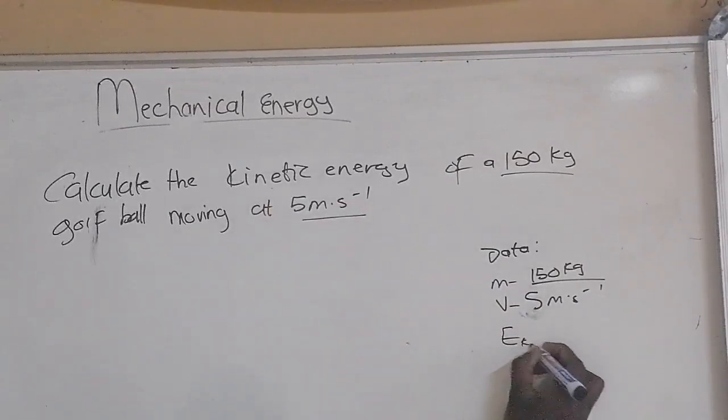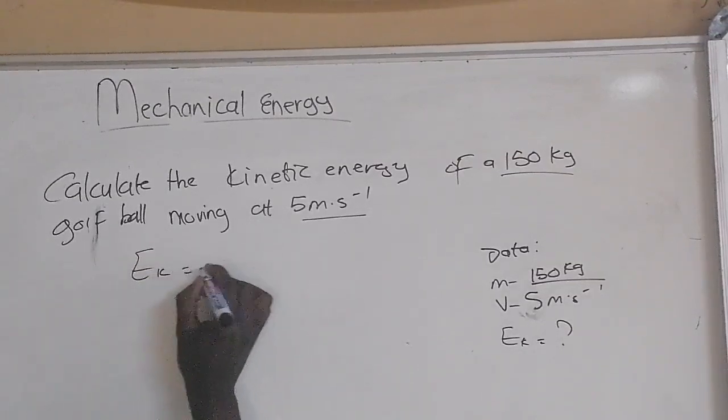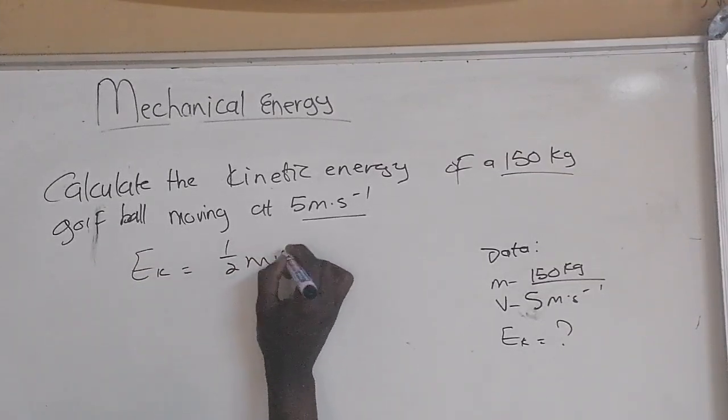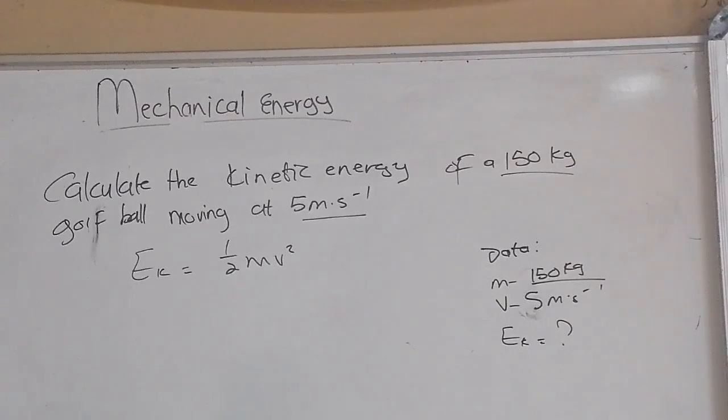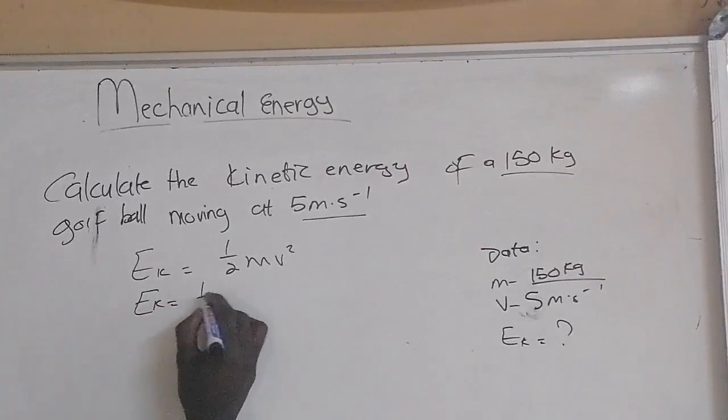So we want EK. We don't have it. So you just write the formula, half mv squared. That's the first thing for you to do. Don't just substitute without writing the formula first. Now EK equals half.